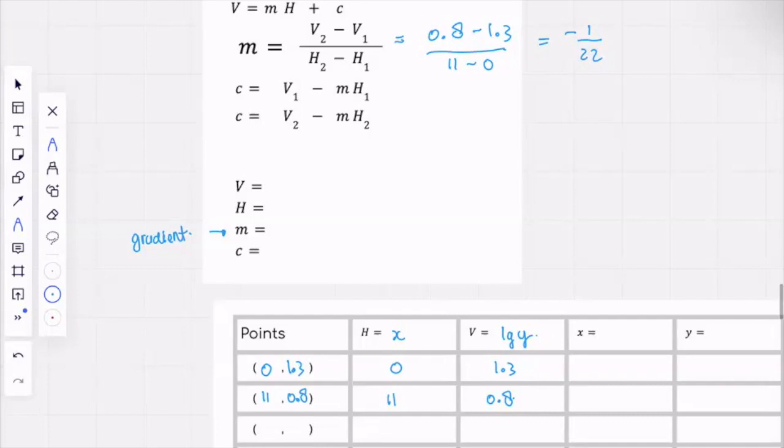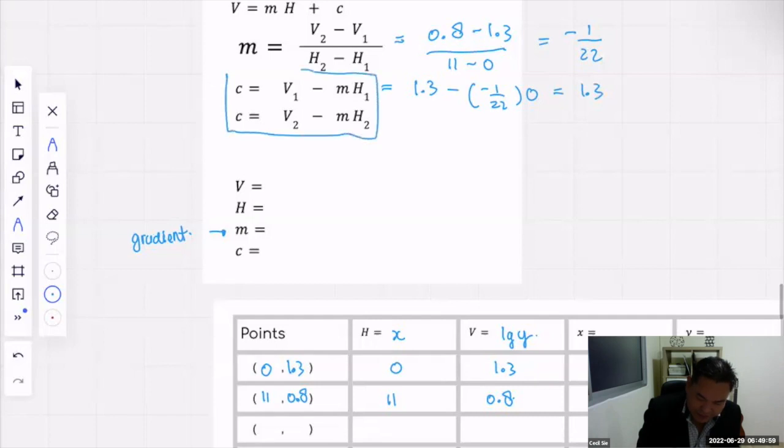And how to find c? Easy. We can just use the m there. c is phi1 minus m times h1, which is 1.3 minus negative 1 over 22 times 0, which is 1.3.